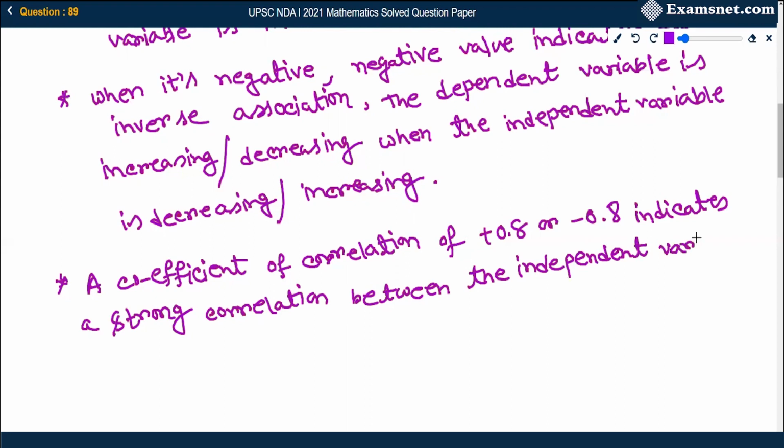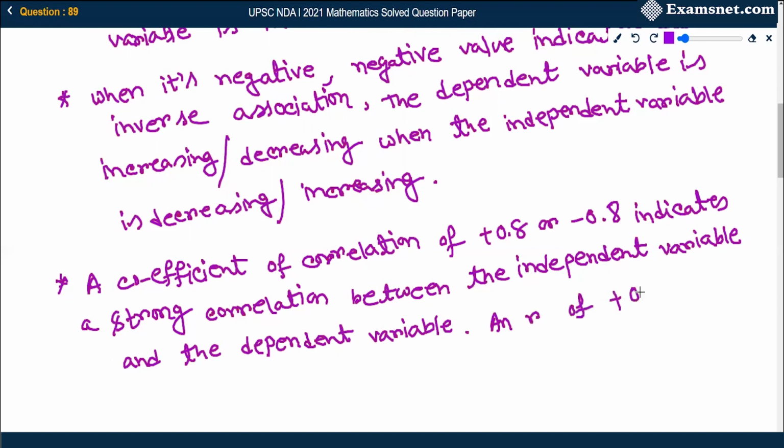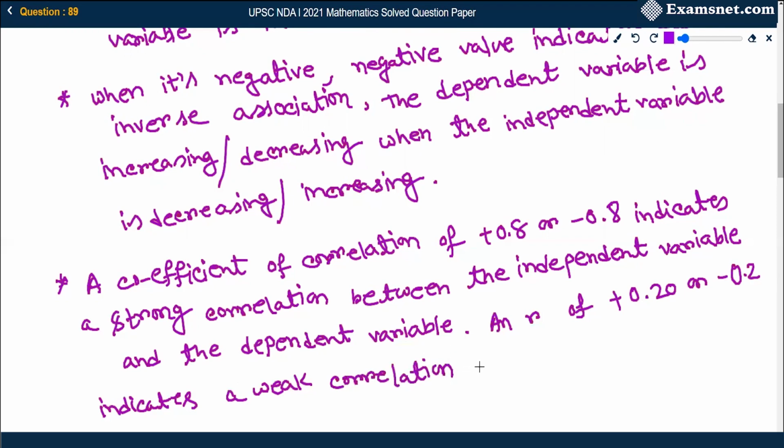Okay, and R, I mean the coefficient of correlation, of plus 0.20 or minus 0.20 indicates a weak correlation between the variables.